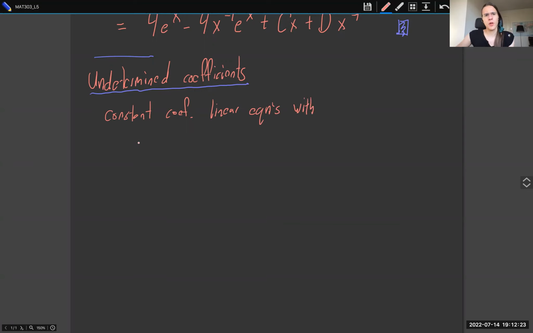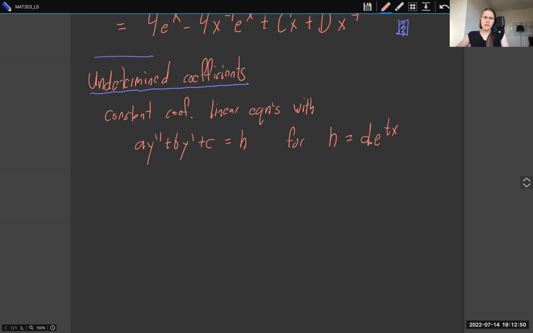So let's say ay prime prime plus by prime plus cy is equal to h, for h something simple. For h equal to, let's say, some constant d times e to the tx.